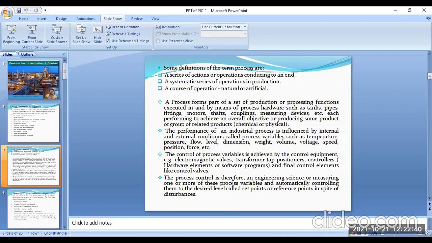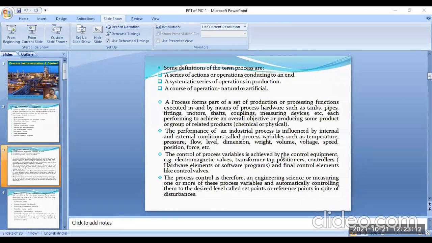These are basically the different hardware units we use in the production unit or processing functions for the process plant. They work to achieve an overall objective, producing some product or group of related products, either physical or chemical products.